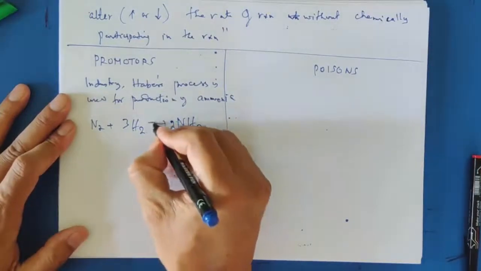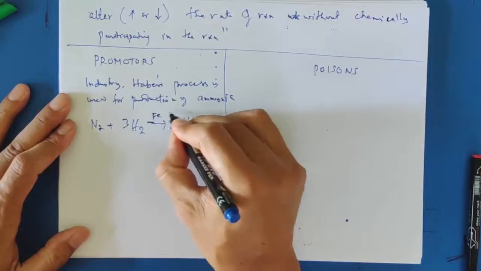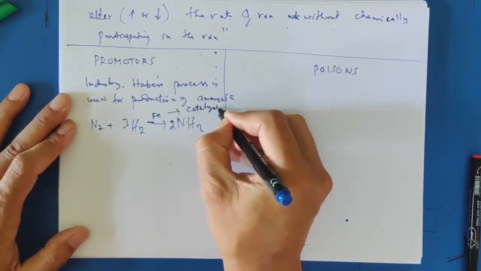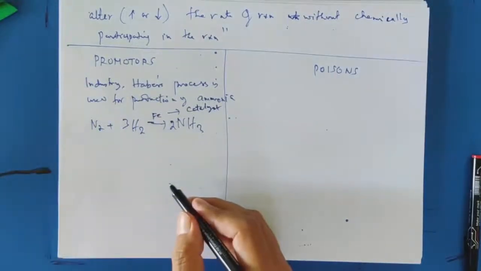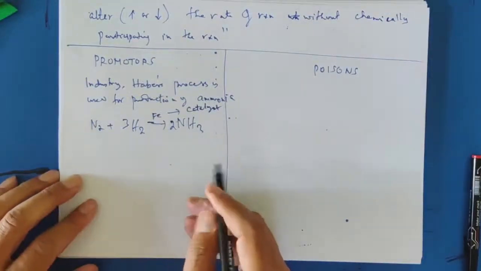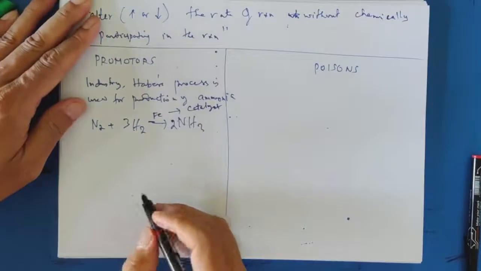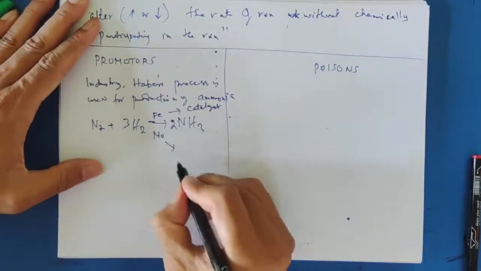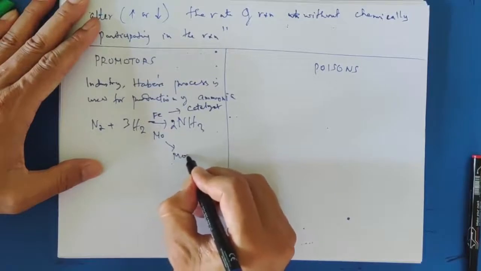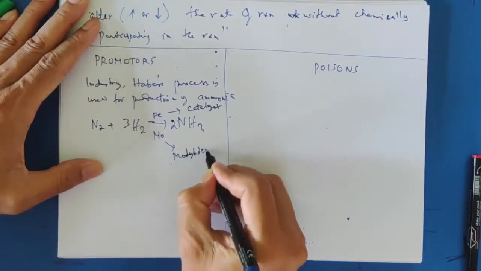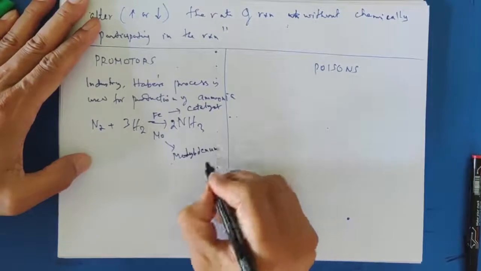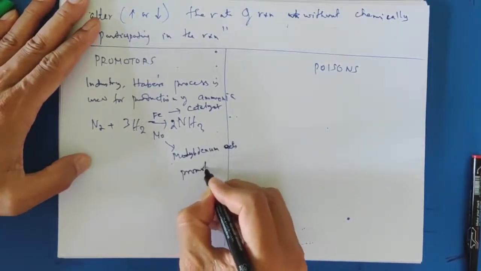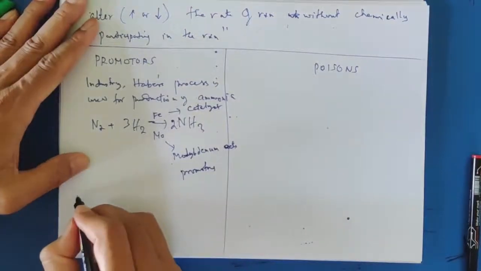The catalyst used is iron. This is iron. The promoter is molybdenum. It acts as a promoter.